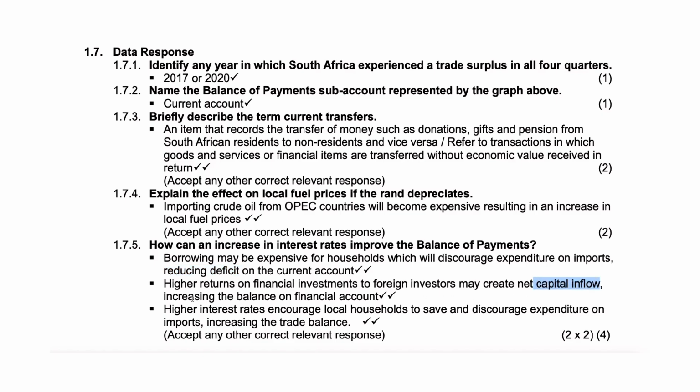Okay, you see this. Increasing the balance on the financial account, which is also one of the accounts on the BOP. Then higher interest rates encourage local households to save and discourage expenditure on imports, increasing the trade balance. So bottom line, the trade balance would increase.